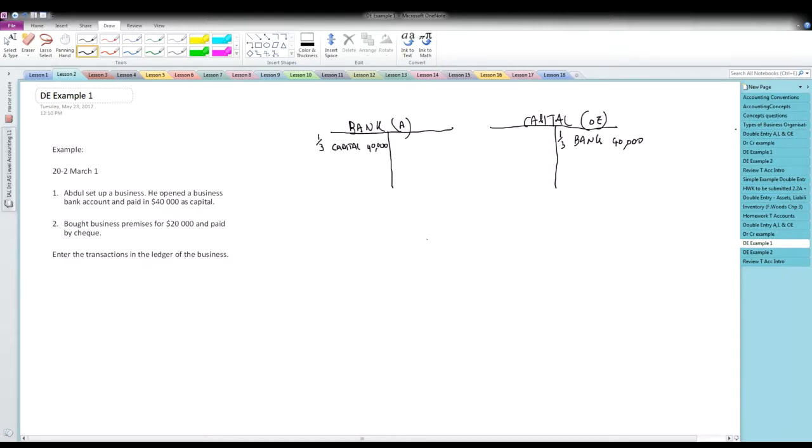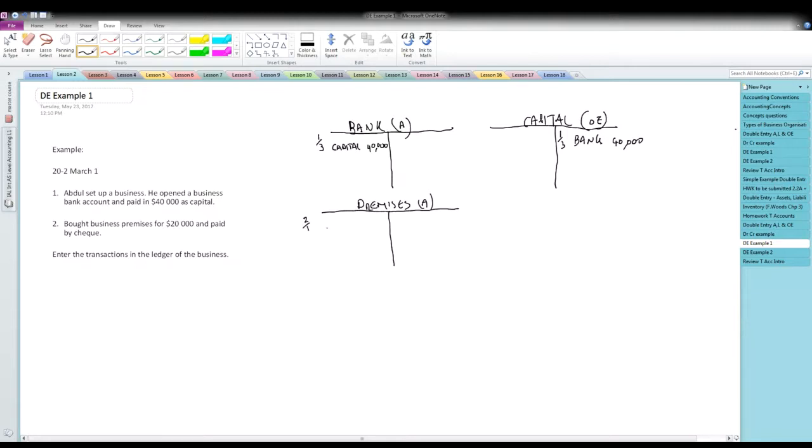The next one, bought a business premises and paid $20,000 by check. So we have a third T account now, which is our asset account of premises. And this happens on the 2nd of March.